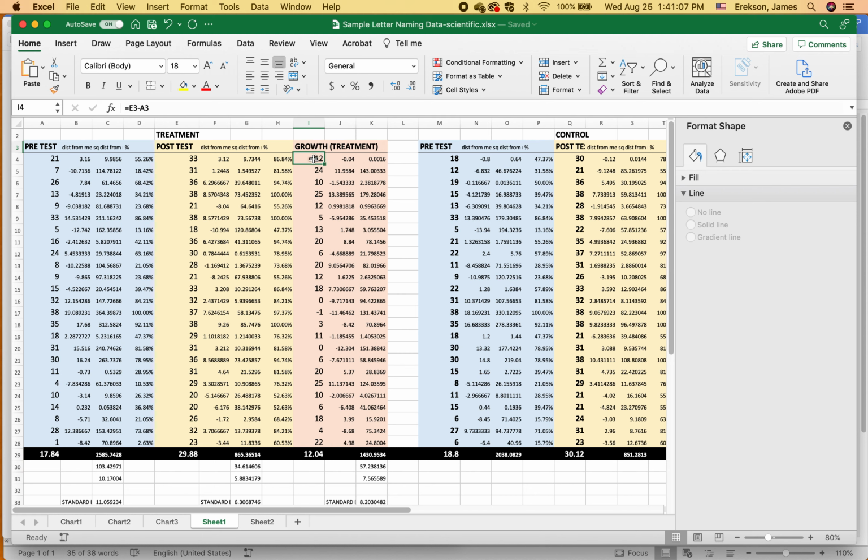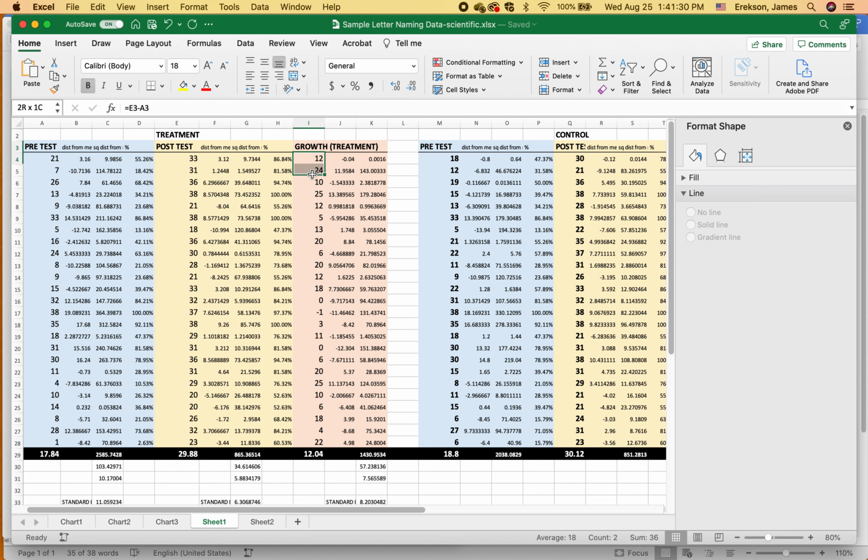So this is the growth. The average amount of growth was 12 letters over the course of the school year. So that seems great. I've worked with kids that have an extreme amount of variety at the beginning of the school year, and I've helped, on average, each kid get 12 letters by the end of the school year.